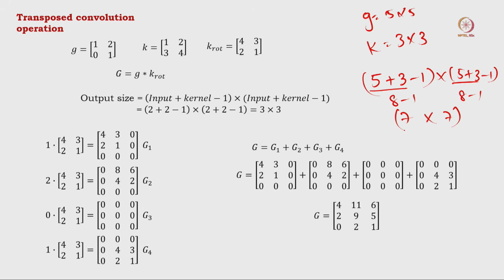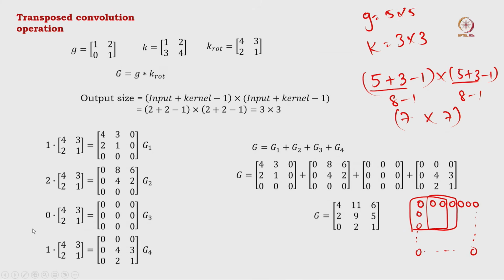So, in 7 cross 7 initially all the values will be 0. Then you will take the first element, multiply it with the 3 cross 3 kernel and place those values here. Then you will take the second element, multiply it with that kernel, place those values here, and so on and so forth.